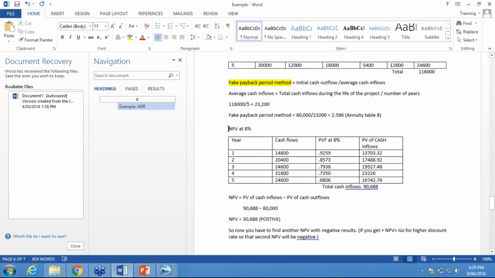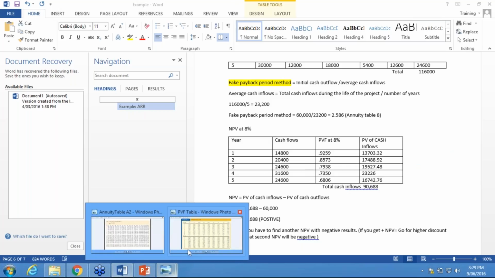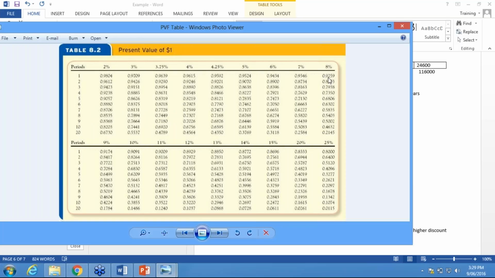Step number 2, we need to calculate NPV at 8%. And we know how to calculate NPV. All cash inflows have been given to you. Present value factor at 8%. Make sure you have a look at the present value table, that is the PVF table for 8%.